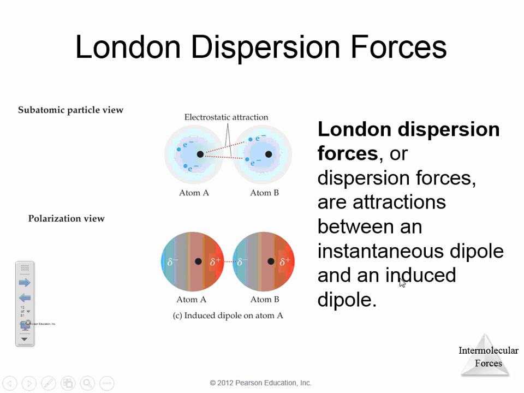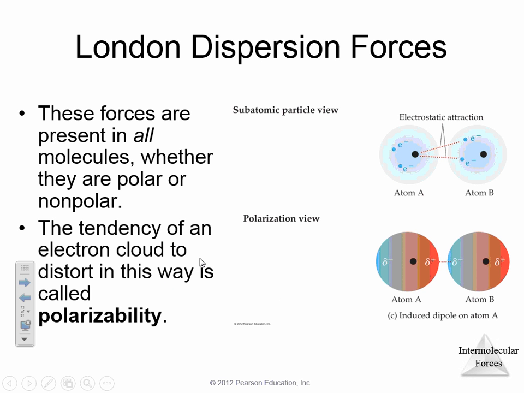An induced dipole is where a second atom is attracted to atom A, changing where the electrons are in that atom. These forces are present in all molecules, whether they are polar or nonpolar, and the tendency for an electron cloud to be distorted, like in our example between atom A and atom B, is called polarizability.